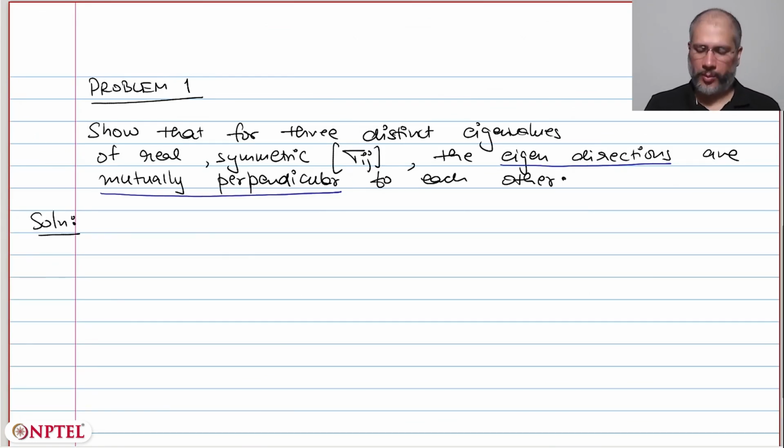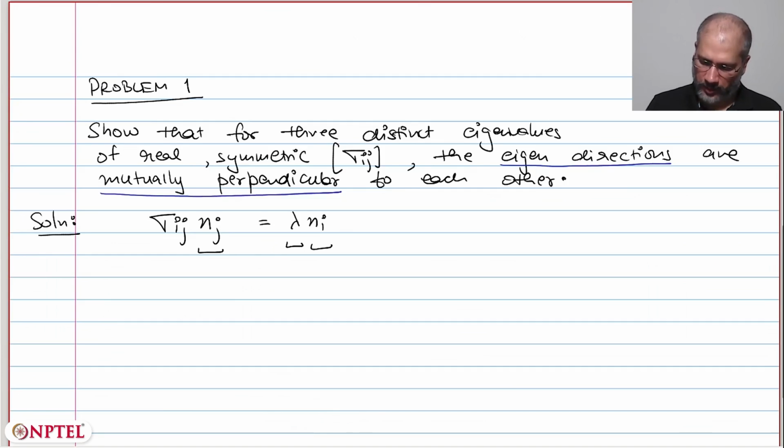So the way we start this problem is to first write the eigenvalue problem, that is sigma ij nj is lambda times ni. So these nj's or ni's and these lambdas are the eigendirections and eigenvalues respectively, and as we have 3 distinct eigenvalues, let us take any 2 of these and write the equation for those 2 specific eigenvalues and directions.